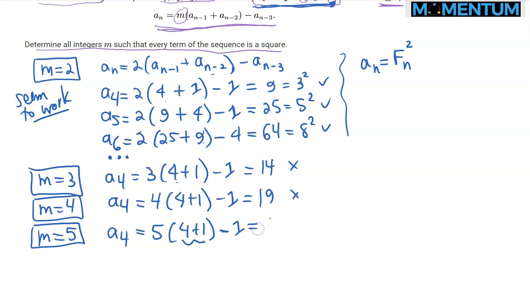This attempt with m equals 5 gives us 5 times 5 is 25, minus 1 is 24. Again, fail. So what is the next square which ends with a 4 or a 9?